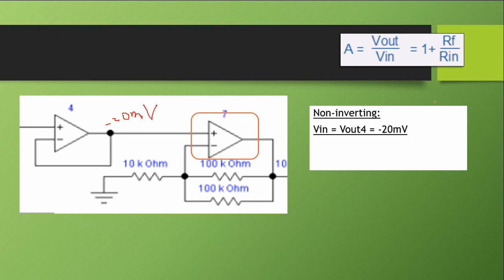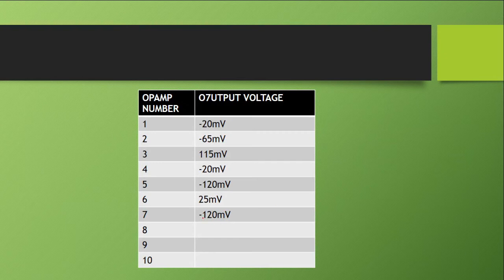So negative 20 times 1 plus 50k divided by 10, so 5 plus 1 equals 6. 6 times negative 20 is negative 120. So the output of op amp 7 is negative 120 millivolts.